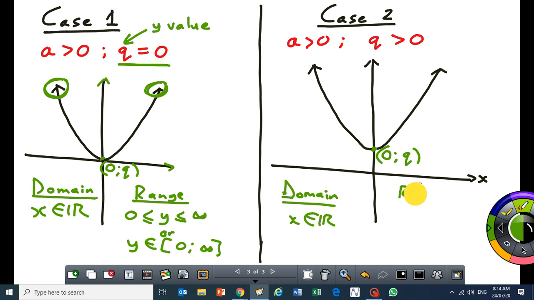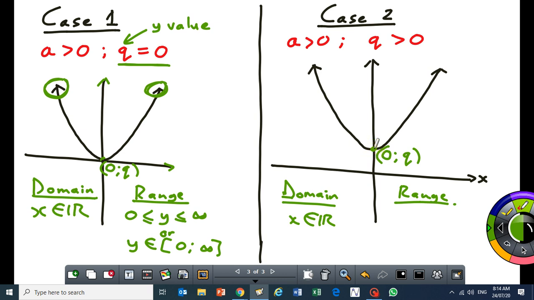The range is going to be slightly different from case 1 because q is no longer 0. So the minimum value of y is going to be q at this minimum turning point.